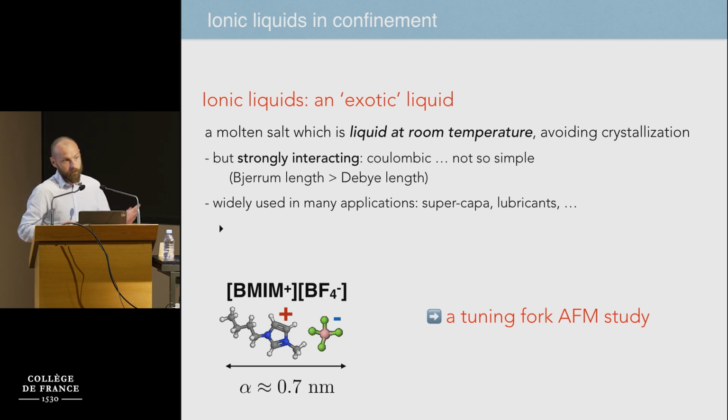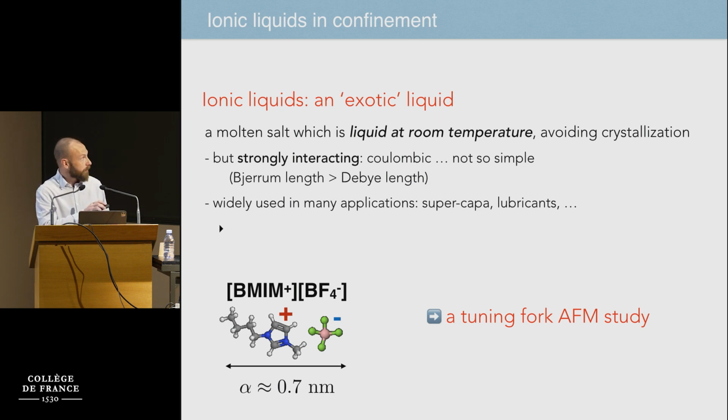We will not describe too much which ionic liquid we were using; this unpronounceable name here, we're going to call it BMIM BF4. As you can see, it is quite a big molecule, on the order of 1 nanometer, much bigger than a water molecule.